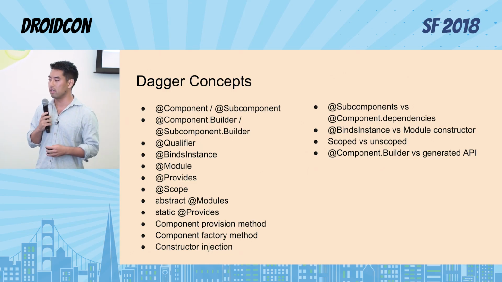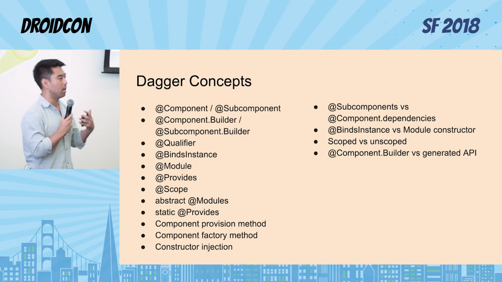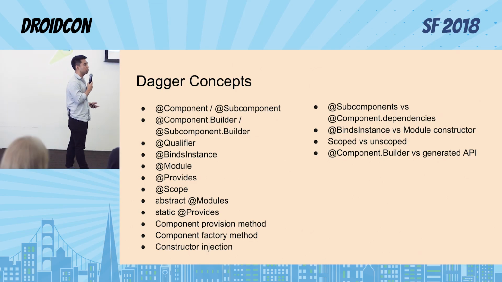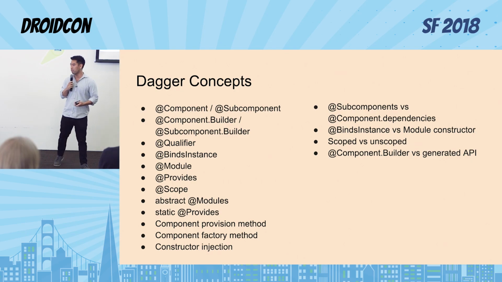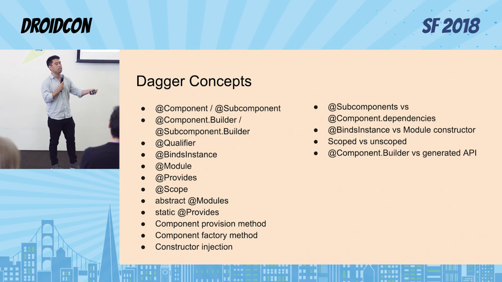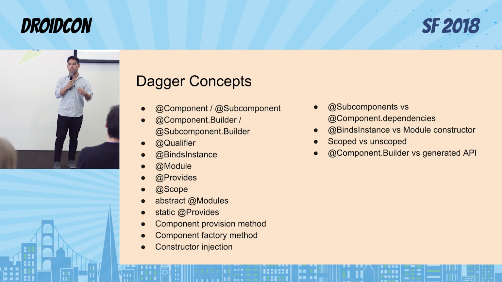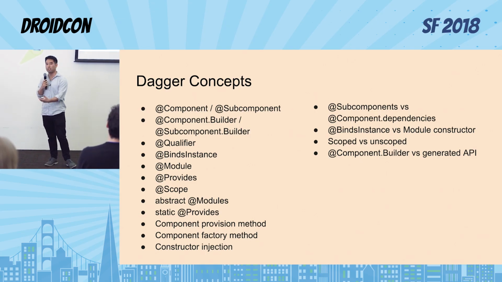Should we be using component builders explicitly defined by our developers, or should we just allow Dagger to generate that interface for us? These types of decisions we have to make when designing our patterns, but the decisions we make don't change from scope to scope. We define them once, and then we just have developers implement that pattern for the scope that they're working in, right?